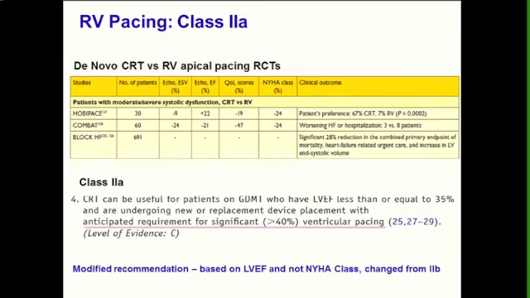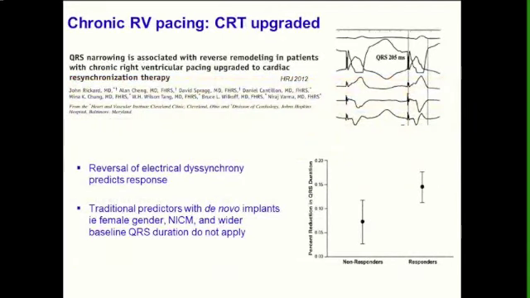So again, we really don't know which patients to select, but we can use CRT. Class 2A: it can be useful for patients on best medical therapy with an anticipated requirement for significant ventricular pacing, significant described as more than 40%. And this is a modified recommendation. Before it was a 2B indication, but now it's recognized as can be useful. So this is something to be aware of.